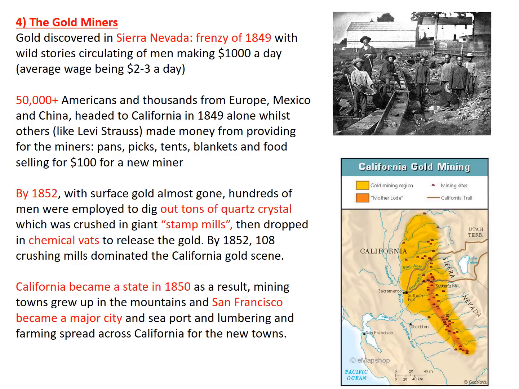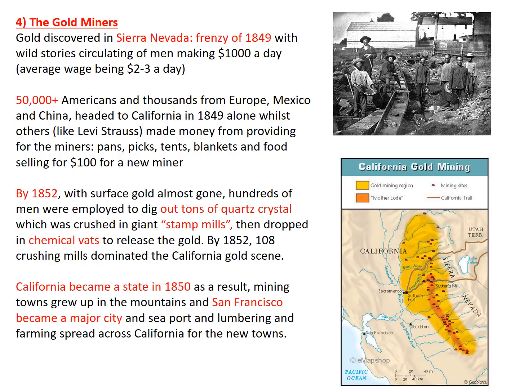Some men like Levi Strauss, famous for his jeans, made money initially from this. Now, initially the work was easy. It was surface gold they were looking for, but by 1852 that had gone, and they started digging out tons of quartz crystal. They created giant stamp mills, and then they had to go into chemical vats to release the gold. So it becomes more of a science.